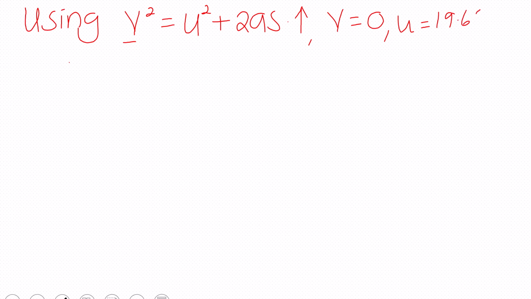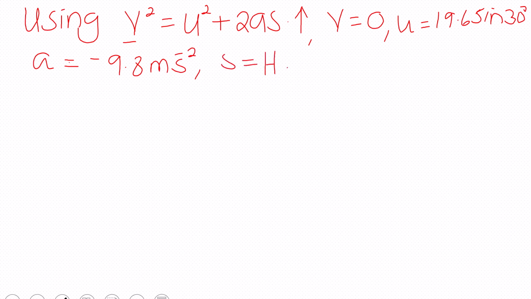and u for vertical motion will be 19.6 sine of 30 degrees. And then our acceleration will always be a negative 9.8 meters per second squared. Our s is equal to capital H, which we are looking for.